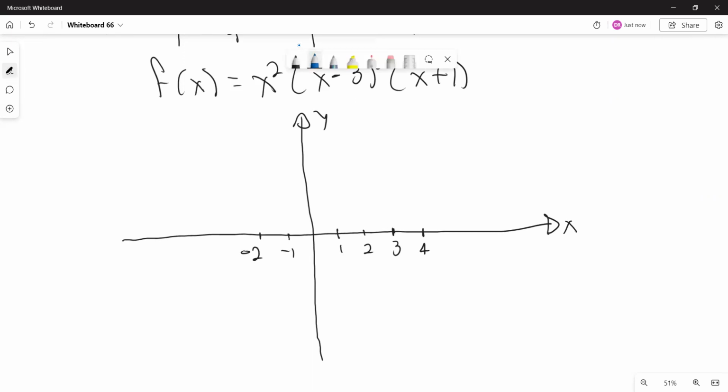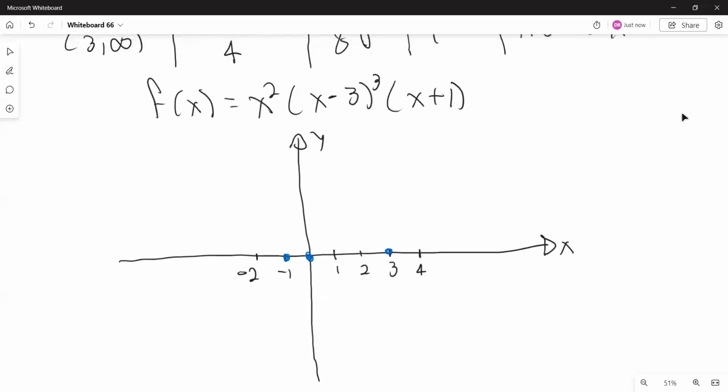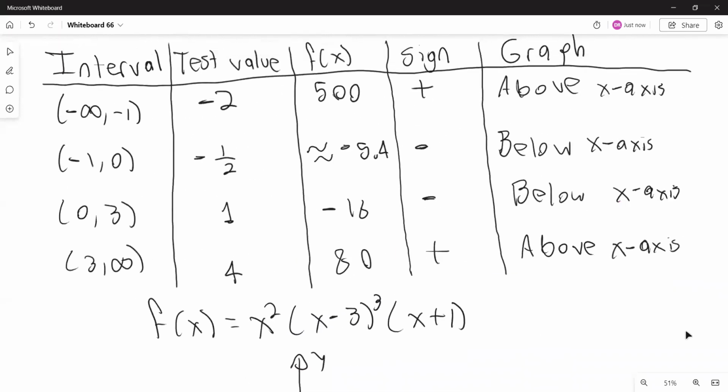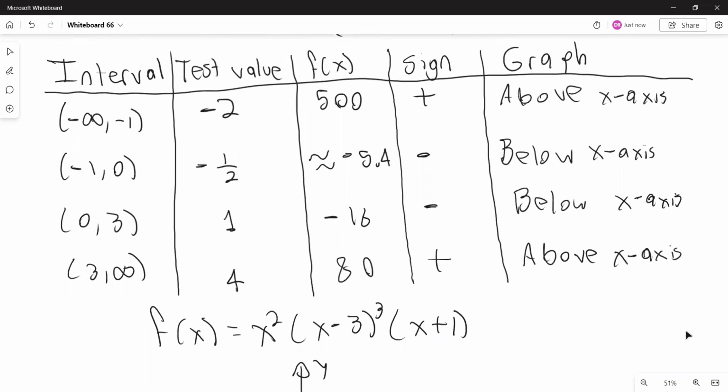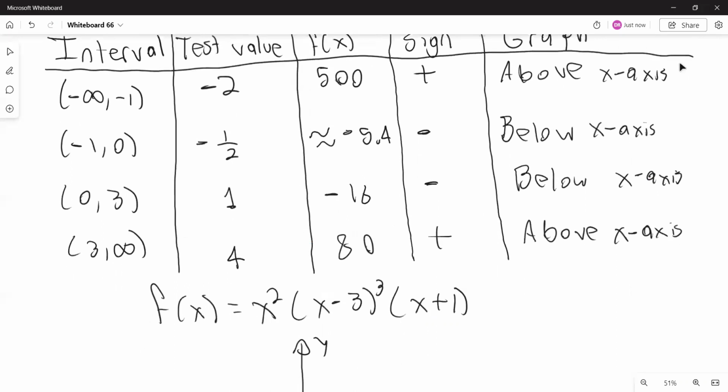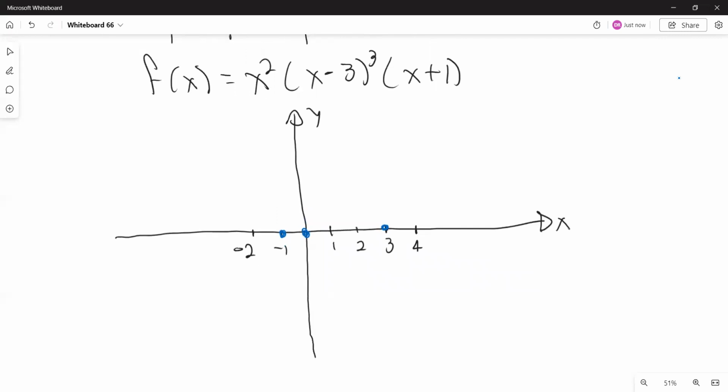So I know that the graph passes through the origin, through (-1, 0), and through (3, 0). And from this table, we know that on negative infinity to negative 1, the graph is above the x-axis.